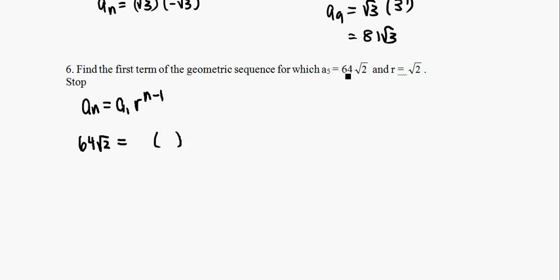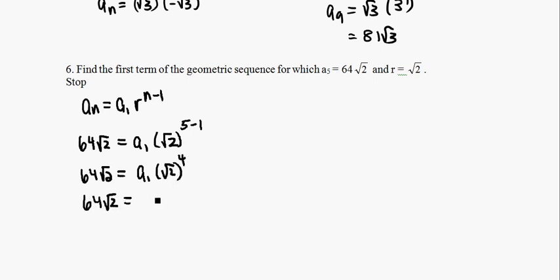Our common ratio is radical 2. We're looking for the first term, so that's a sub 1. So I just took all the given information and plugged it into this formula. So I have 64 radical 2 is equal to a sub 1 times radical 2 to the 4th power. Well, this is 64 radical 2 equals a sub 1 times 2 to the 1/2 to the 4th.